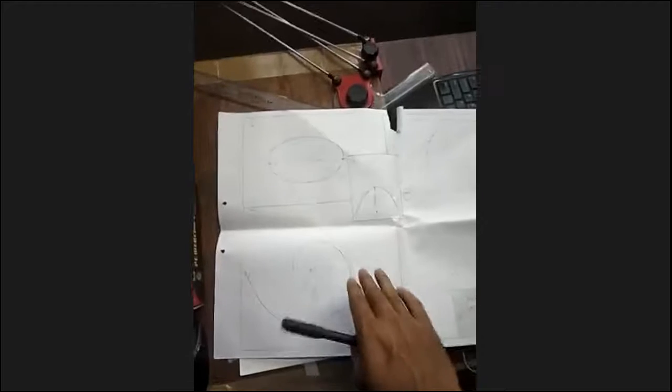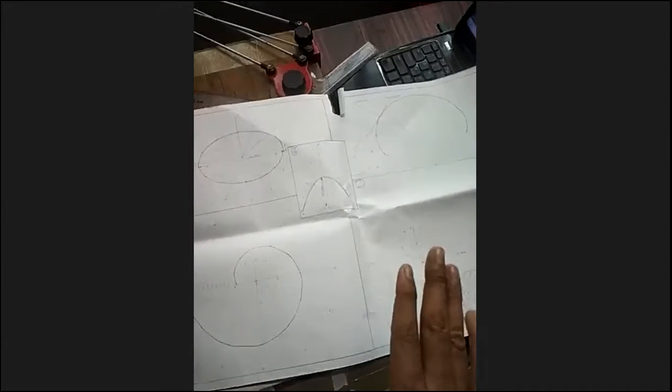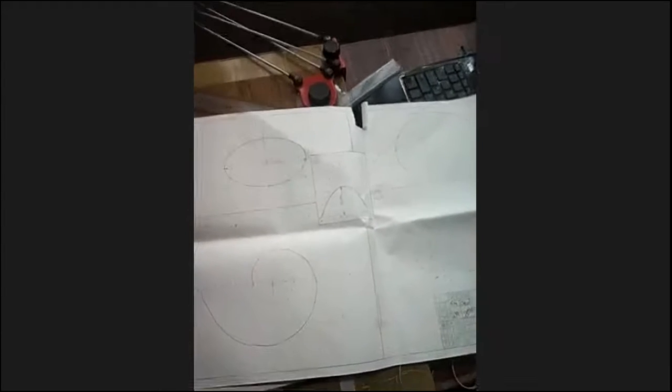So these 3 problems must be there in your sketchbook first of all. Whenever time permits, we will proceed in the sheet, because I need to explain the title block as well. That I will do later on. First of all, you complete things simultaneously in the sketchbook. You prepare one proper sketchbook.